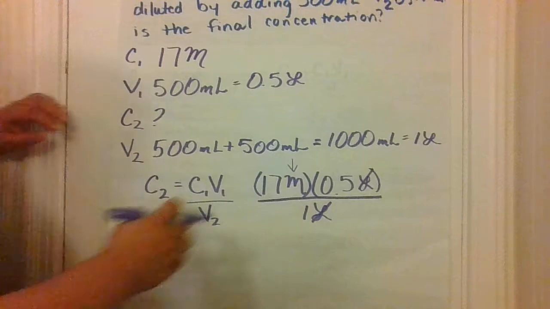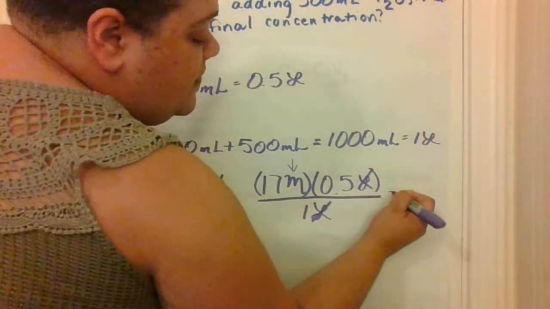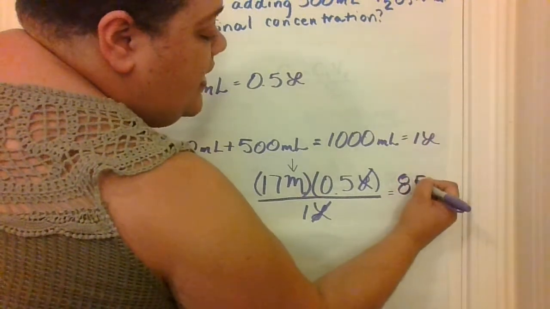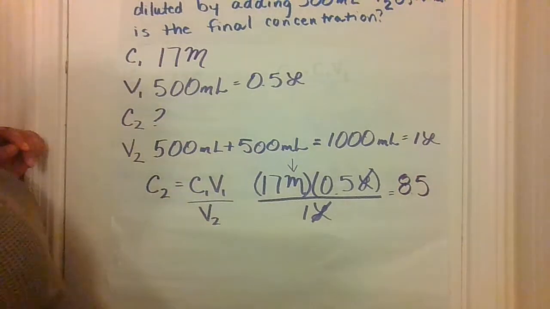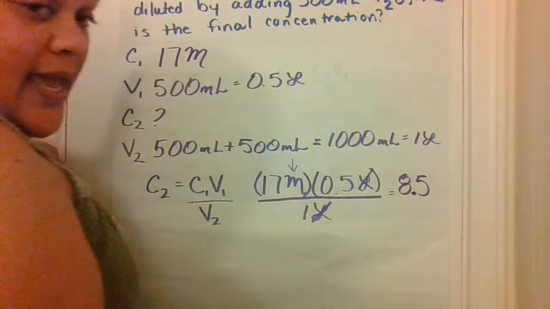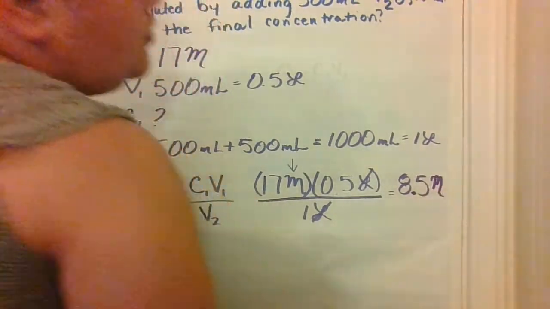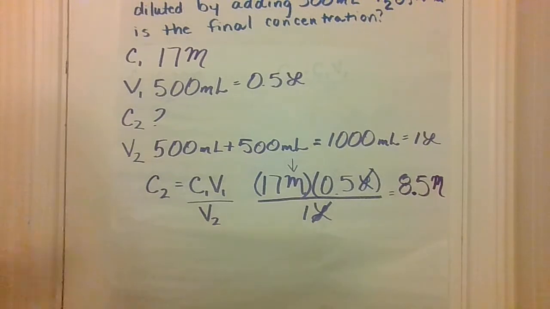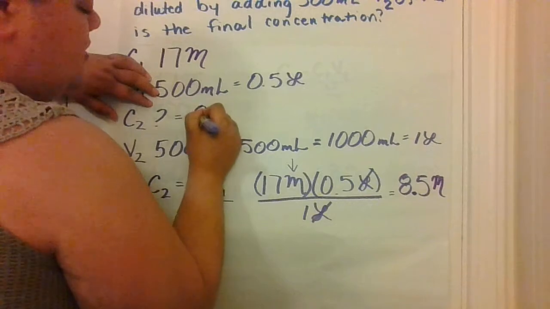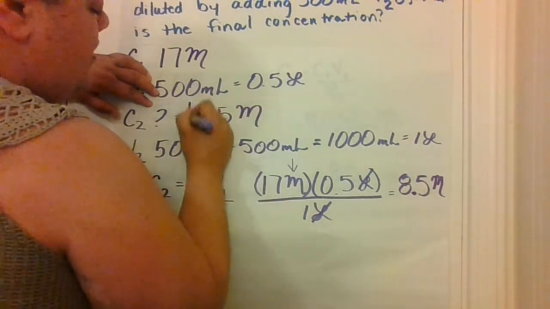Okay, let's go ahead and multiply 17 times 0.5, and we're going to end up with 8.5. We know if we divide that by 1, it is still going to be 8.5. And don't forget your unit. So your final concentration is going to end up being 8.5 molarity.